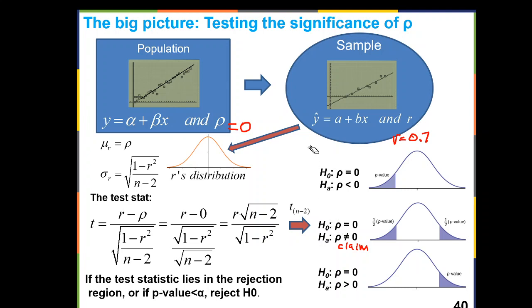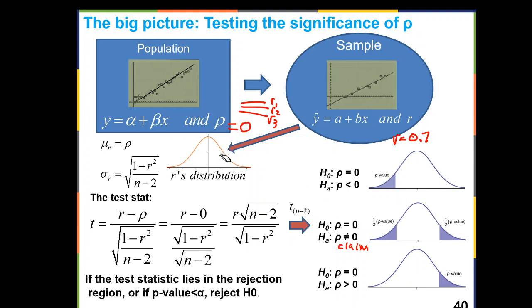So what do we do? Well, remember the central limit theorem about x bars creating a distribution? So here we have the same situation. We have these R's that every time we take a sample, we're going to find an R, R1, R2, R3, right? These R's make a distribution. And if you standardize these R's, you get a distribution that is a T distribution.